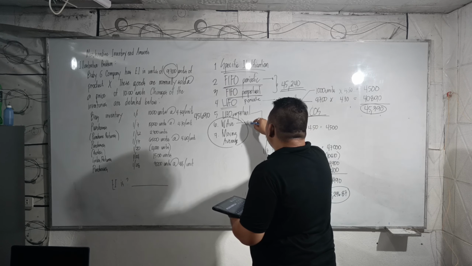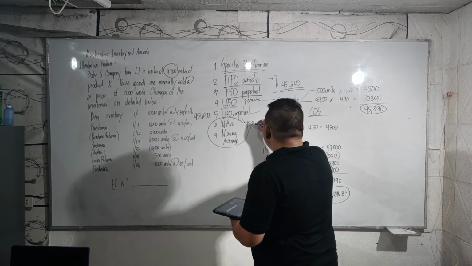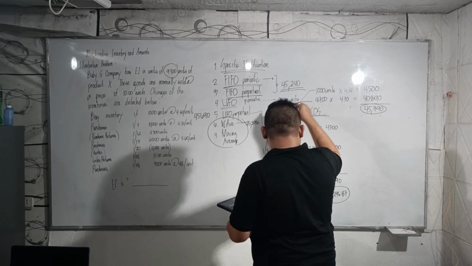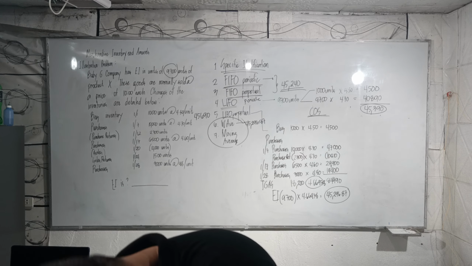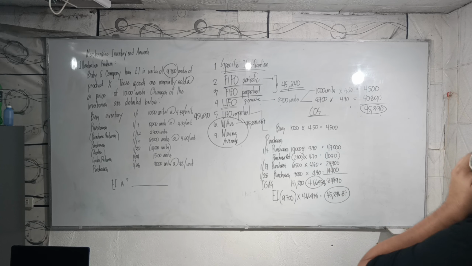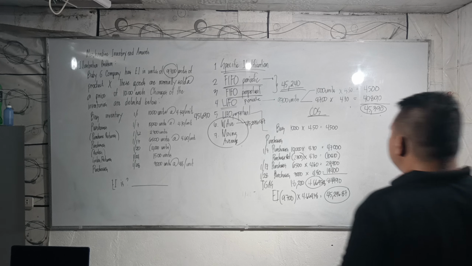We have 45,296.87. Okay? So that's weighted average. It's as if this is just patterned with the computation of cost of sales.